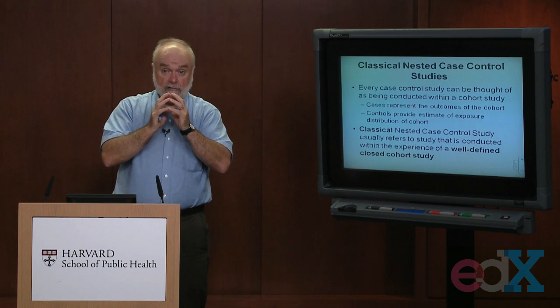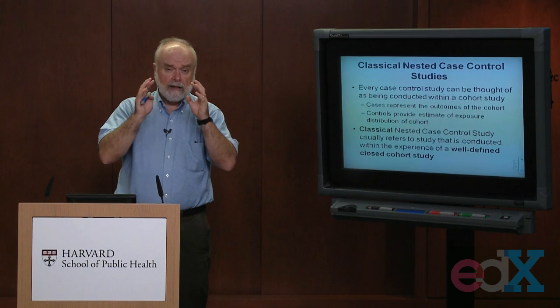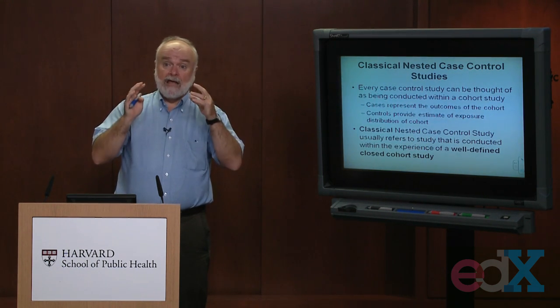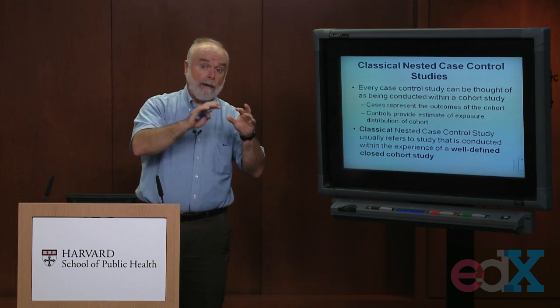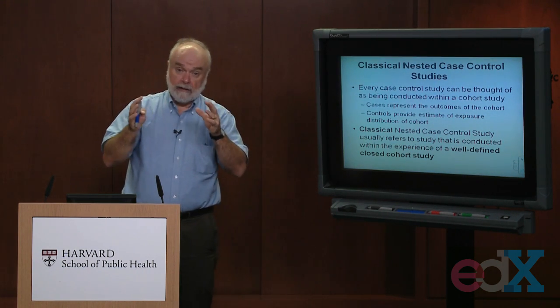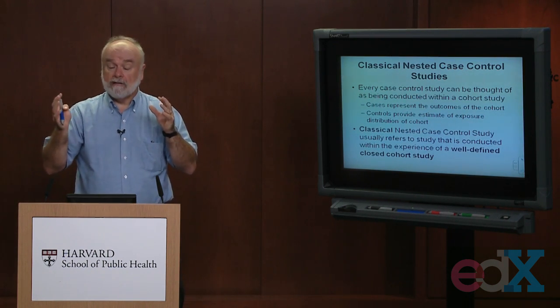We're going to be measuring exposure odds. So in case control studies, we measure exposure odds, we measure exposure odds ratios. So I'm going to be labeling all the odds ratios we calculate in this series of lectures exposure odds ratios. But I'm going to be linking them to what would happen in the underlying cohort study if we created it and followed it, the underlying cohort study being the cohort study that gave rise to our cases.